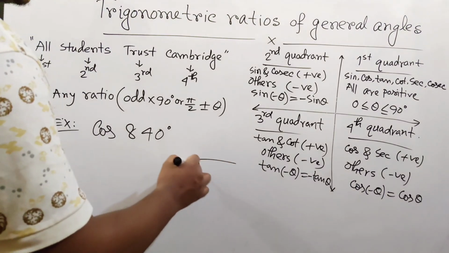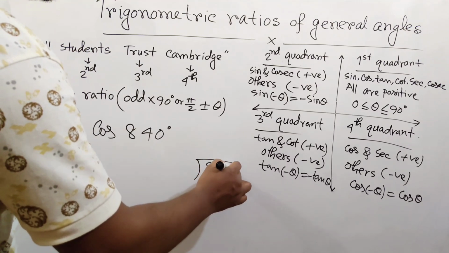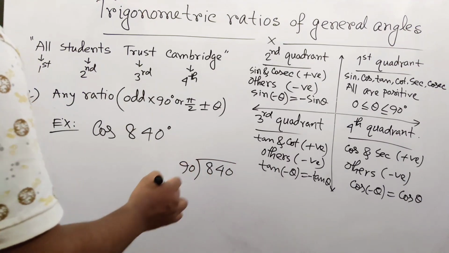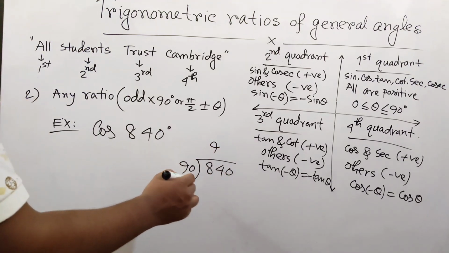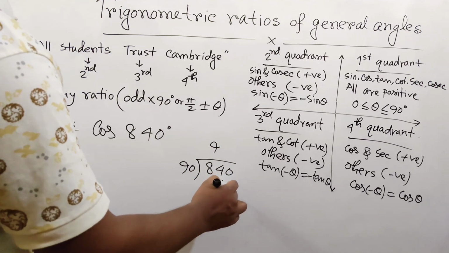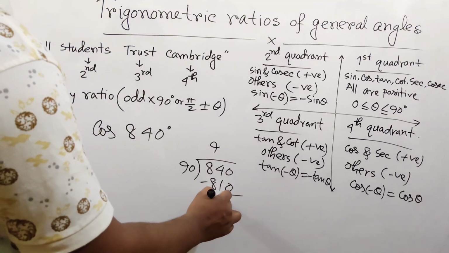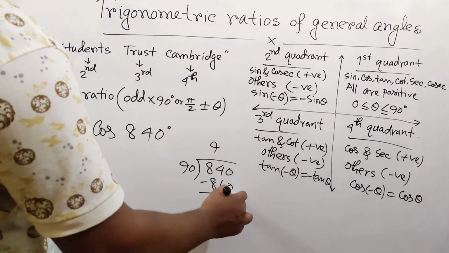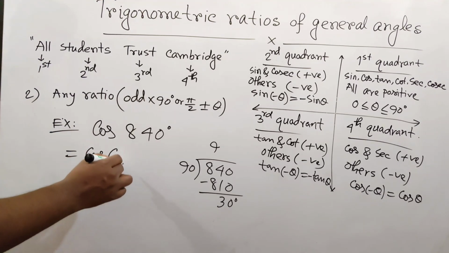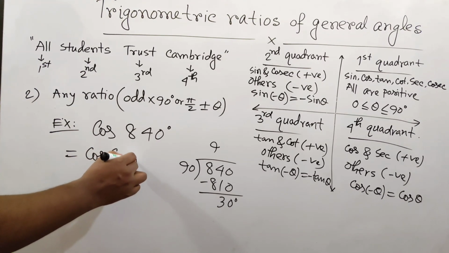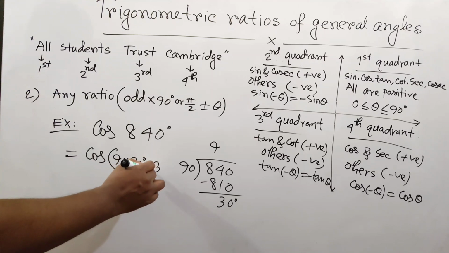First we divide this angle by 90. So 840, if you divide it by 90, you know that it can be divided 9 times. 9 nines are 81, so 810. If you subtract this, it should be 30 degree. So now you can write this as cos of 9 multiple 90 degree plus 30 degree.